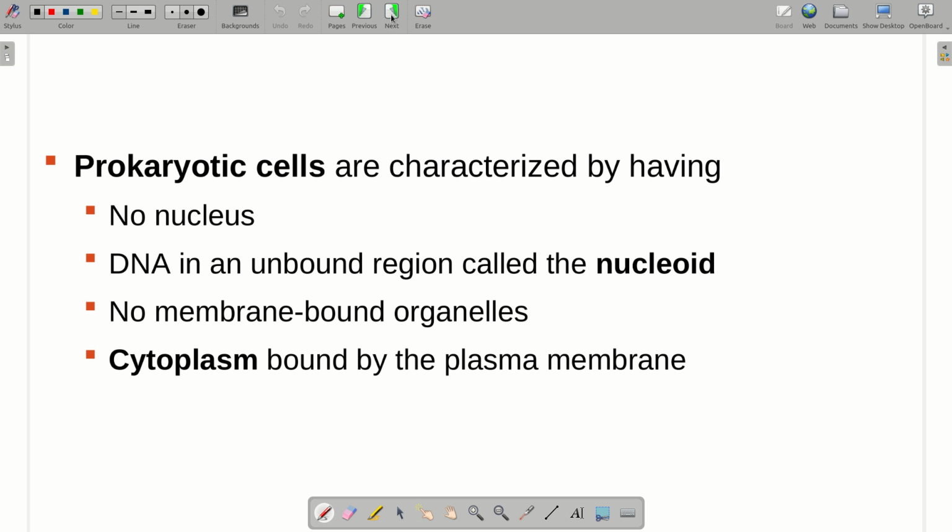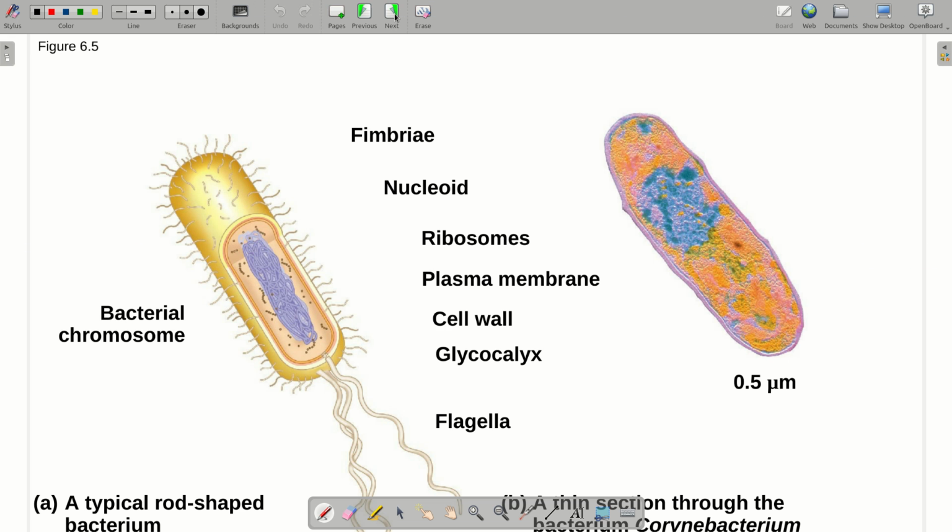And in prokaryotes, the DNA is a circular thing, a nucleoid or a genophore. And since it's circular, it has no ends, so it's not a strand, so it can't be a chromosome. But everyone calls it the bacterial chromosome. It's a slang word, but it is technically incorrect.